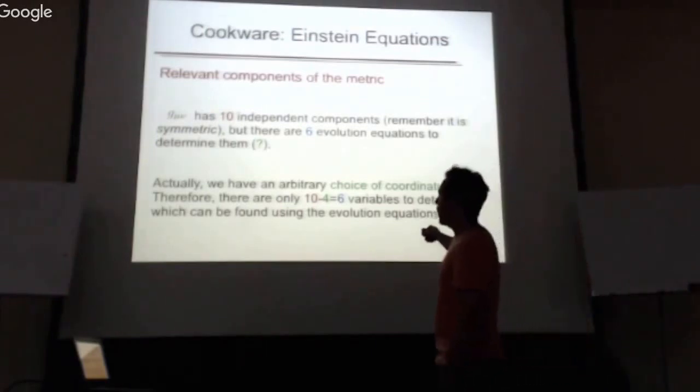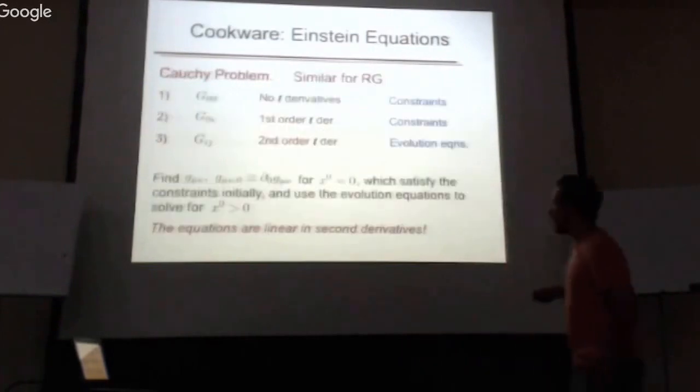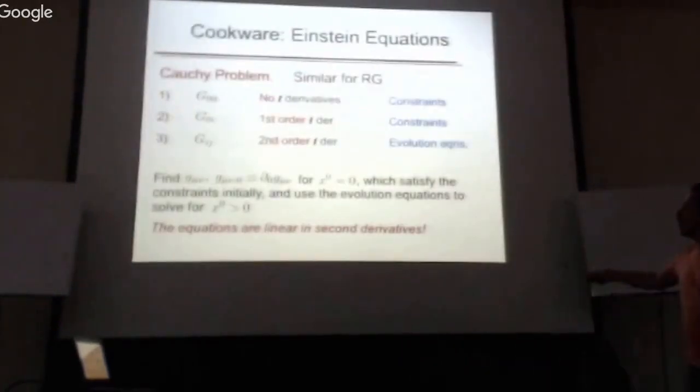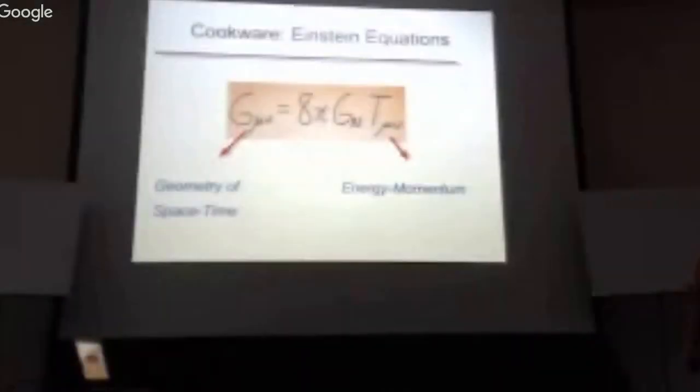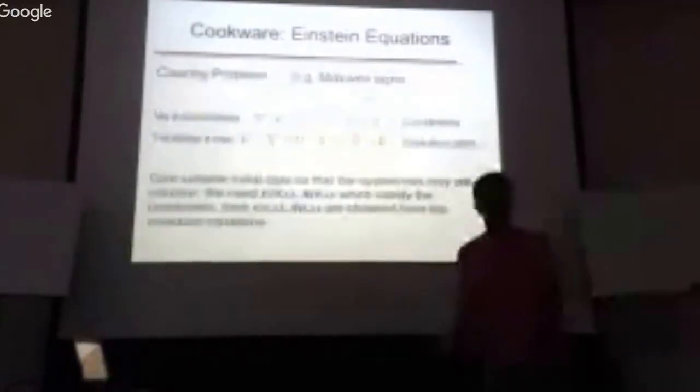So these 10 independent components are the unknowns of Einstein equations. Here, remember, the metric g_mu nu has 10 components that are functions of space and time. So these functions, and their derivatives, appear in the Einstein equations, and you need to solve for those values.